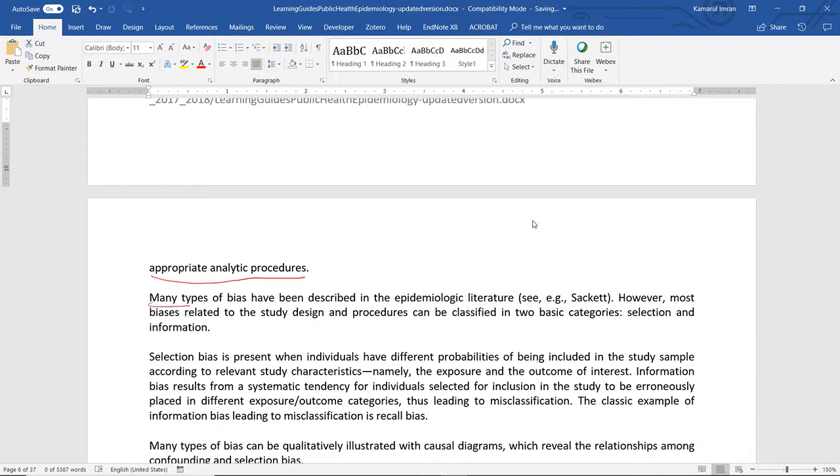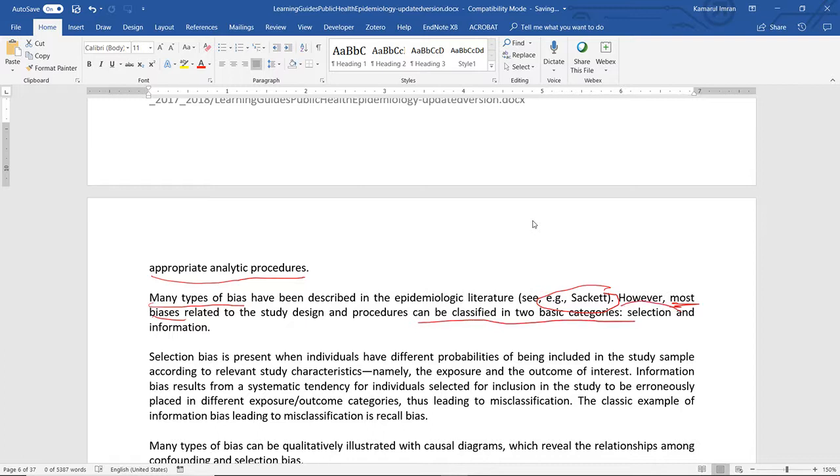So there are many types of biases. One of the most important papers, or perhaps one of the important papers for bias, was written by Sackett. You can Google bias and Sackett, you'll definitely find the paper. Right? So most of biases can be classified into 2 basic categories.